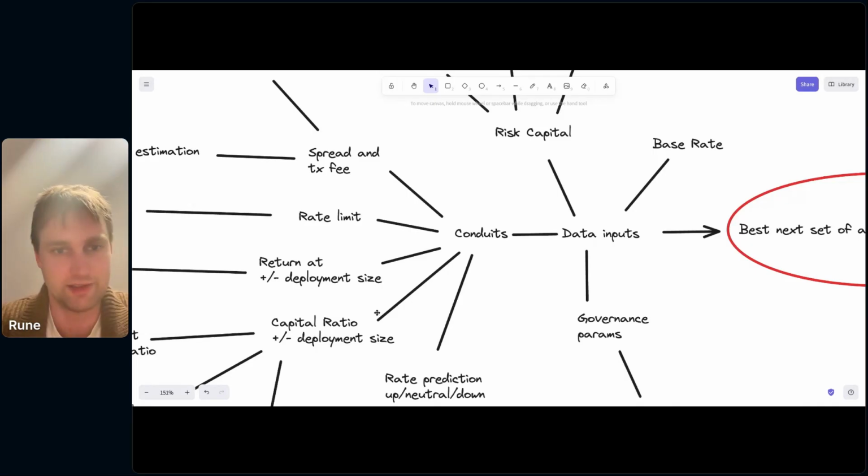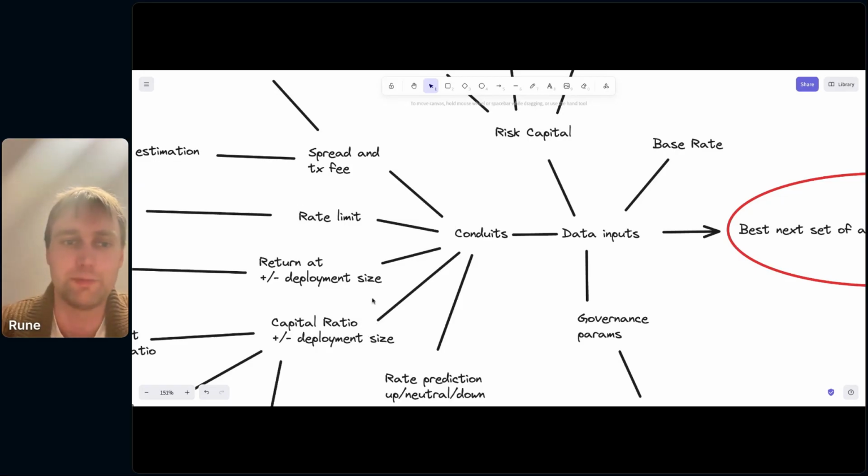But if you get less than double the spread, you're better off deploying into Aave. More or less, because you get double the leverage on Aave, so you're better off deploying into Aave unless you get half the spread. Or you can think of it the other way.